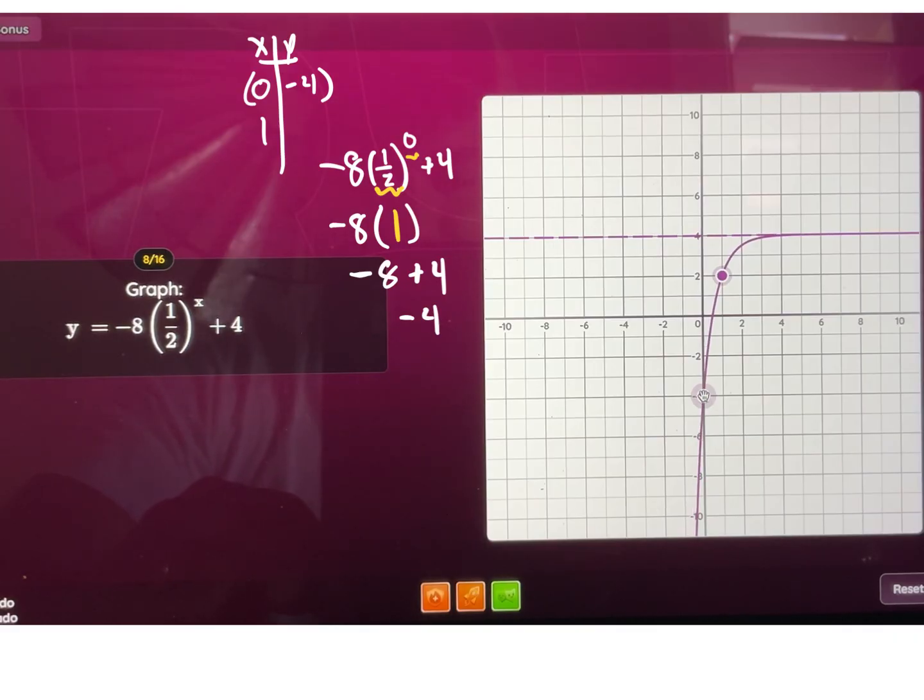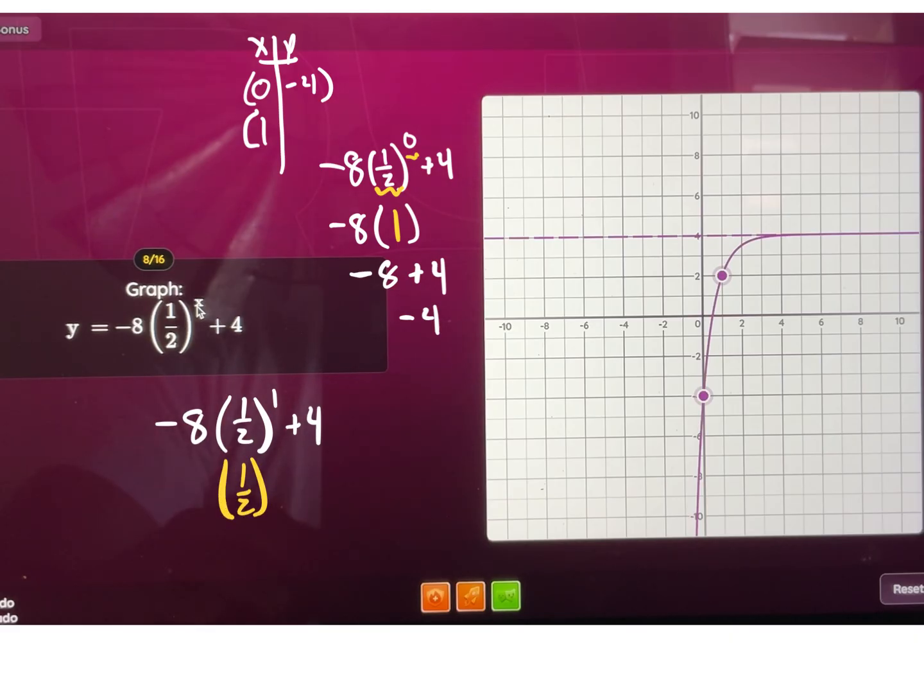Now go back to the XY table and now plug in a 1 into the whole thing. So we're going to plug in a 1 into the X. So you're going to write it out. You can do it on the calculator if you want. -8, open parentheses, 1/2, close parentheses to the power of 1, and then plus 4, hit equal. It'll give you your output. Or you could do it by hand the way I'm about to. 1/2 to the 1 is 1/2.